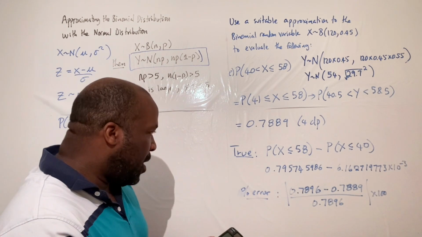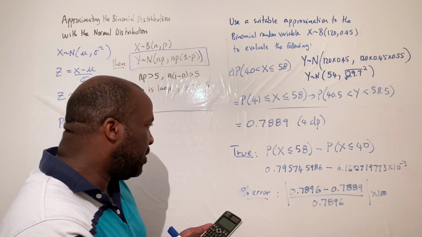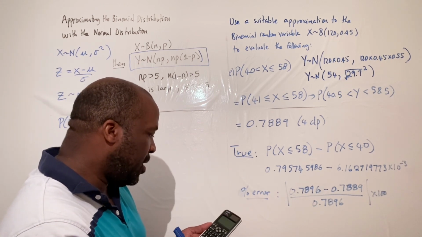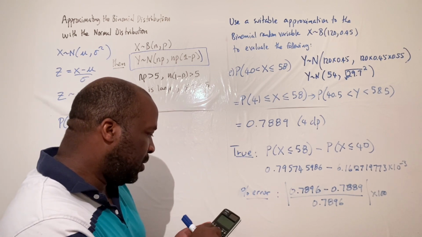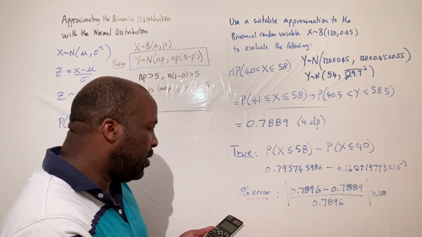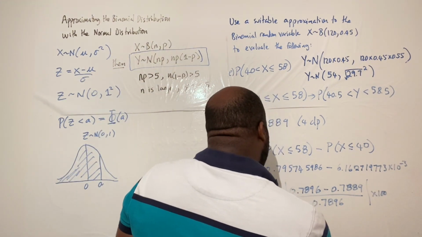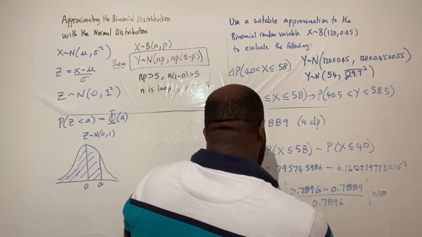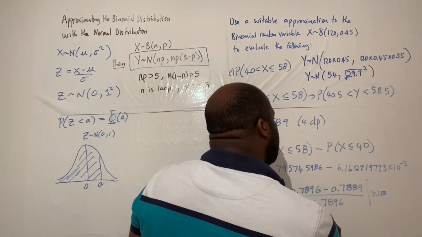So we have 0.7896 minus 0.7889, and then divide by 0.7896 times 100. Okay, so this is approximately 0.09%.